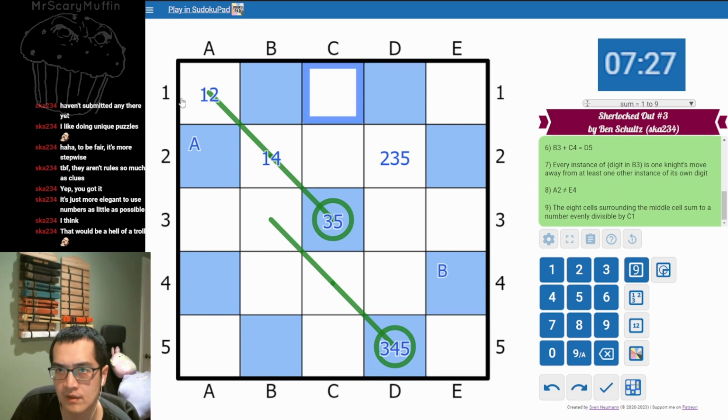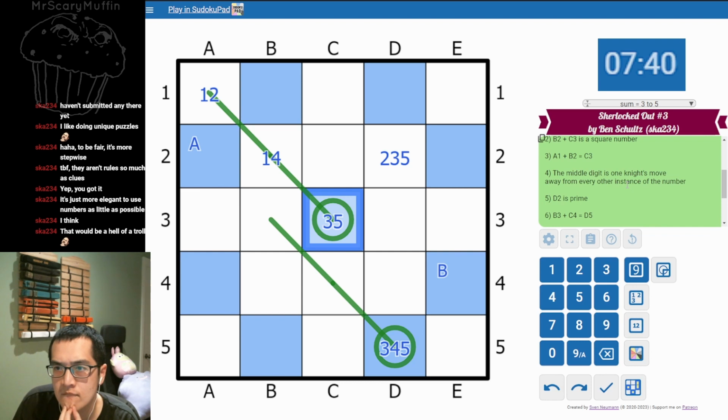I was hoping that these had more relationship to each other, and they might, but I think we have to look at the knight's move stuff now. Yeah, okay. So the knight's move stuff is interesting, right? Because we know that whatever is here can't be the same as this number.